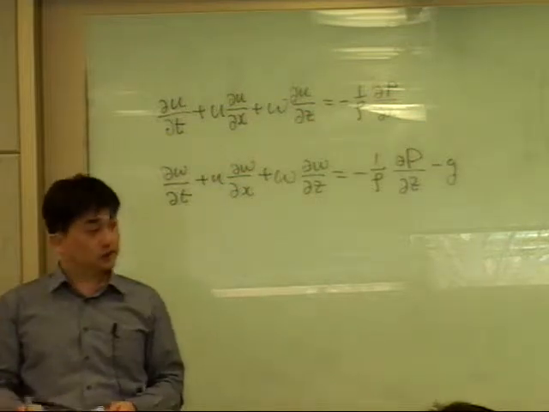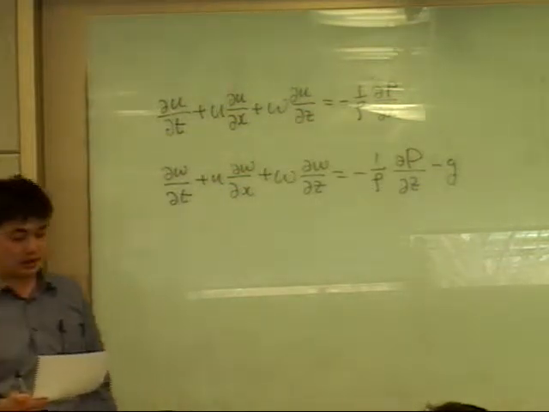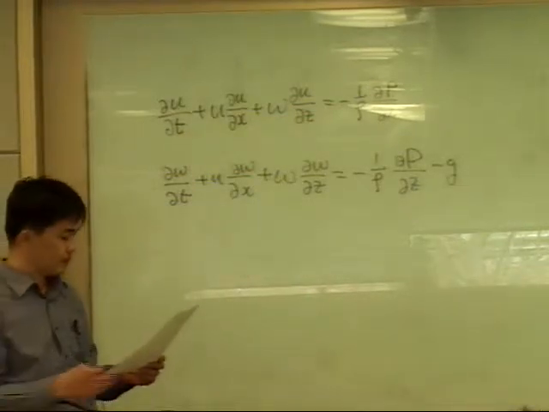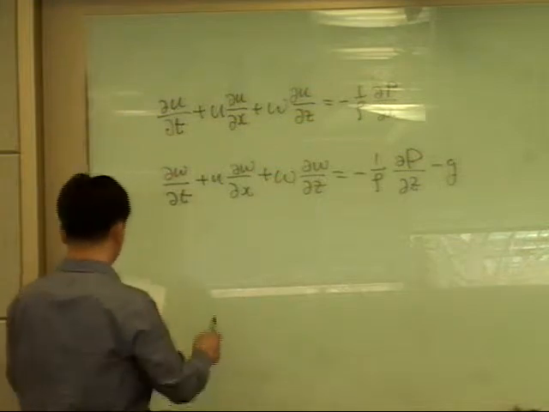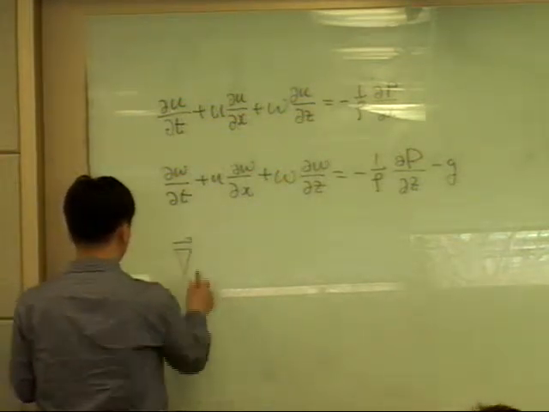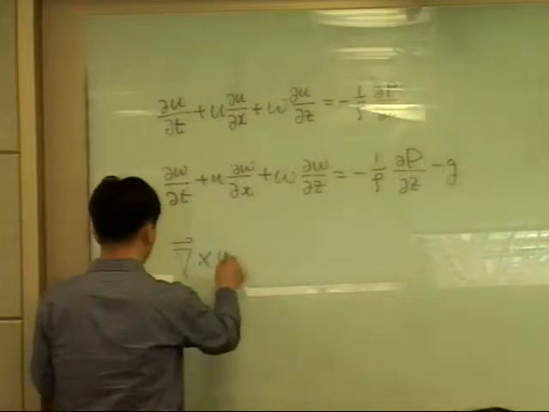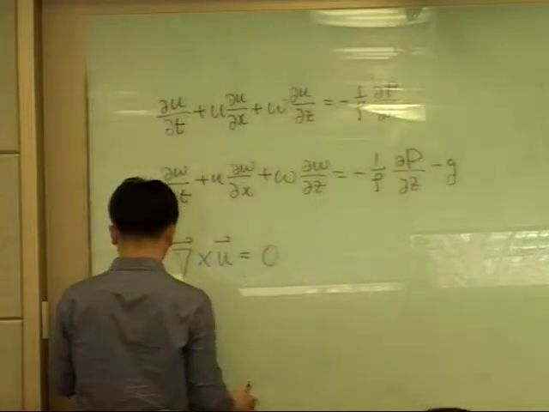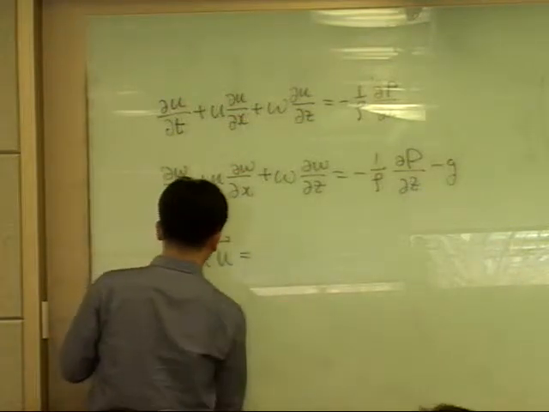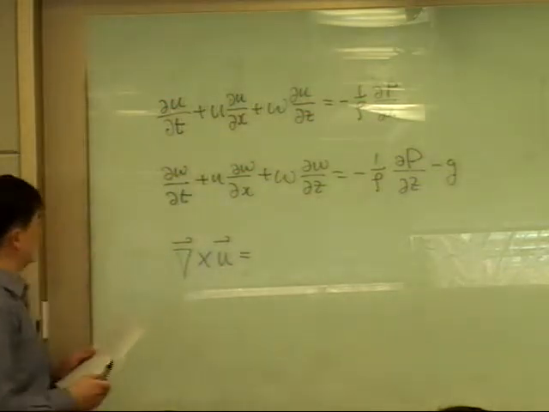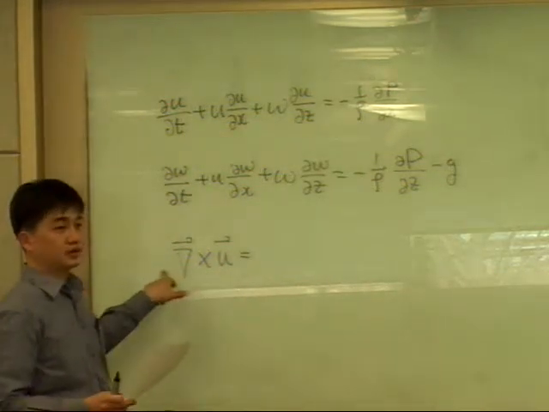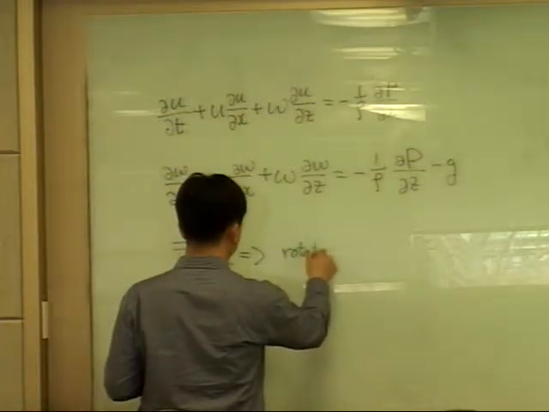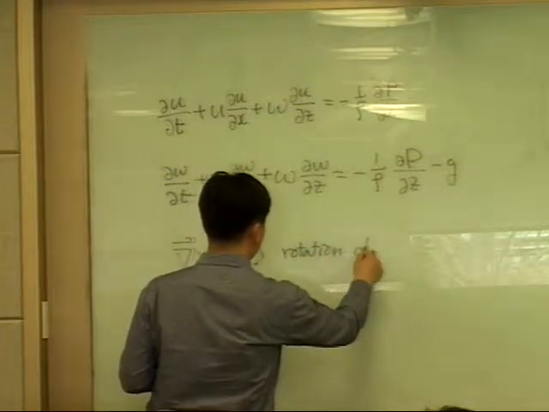Here I need to talk about the irrotationality condition. If I take the vector product of nabla with u, this gives us the rotation of the particle.